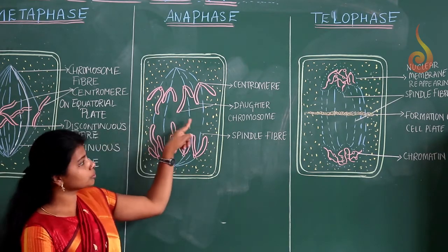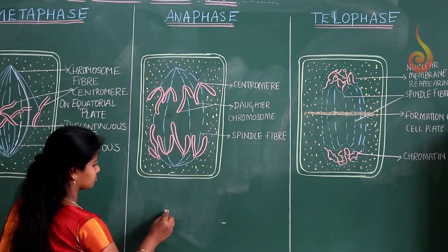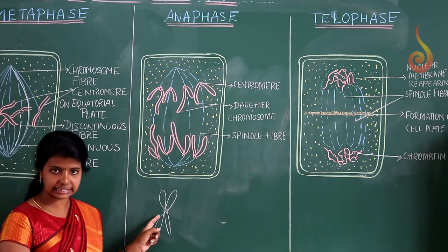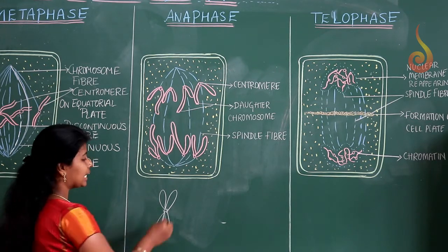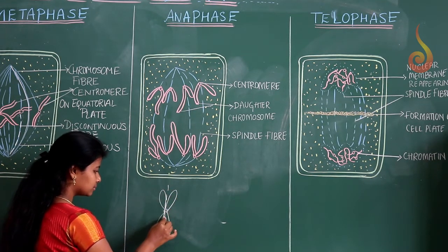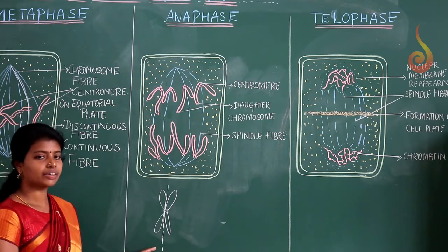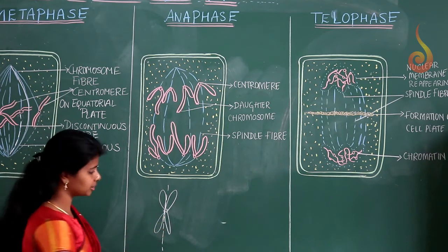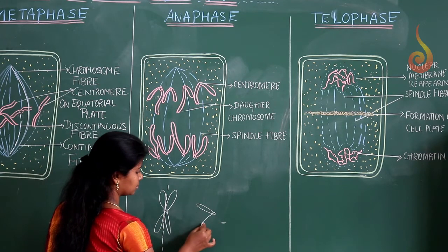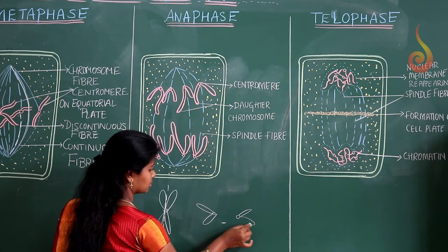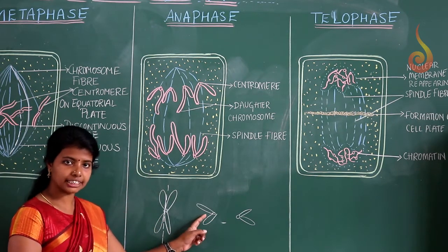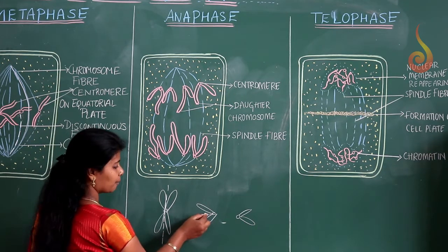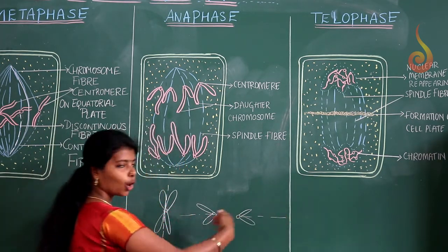So the chromosome which was in the center, now it has split. It has split at the centromere so that the 2 chromatids on either side are separated and they are pulled to the opposite poles.